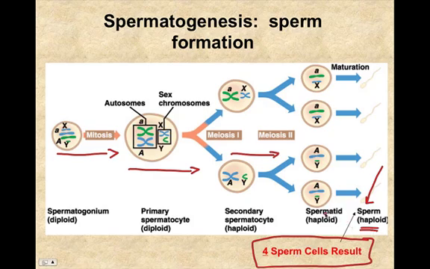And one thing that you should know about sperm formation is that males constantly produce sperm. So once a male reaches puberty, they will be producing sperm constantly until the day they die. They're always producing sperm. All the time. Never ends.